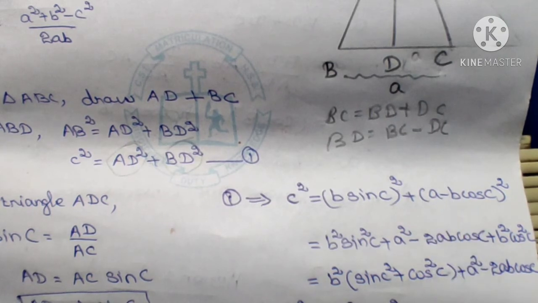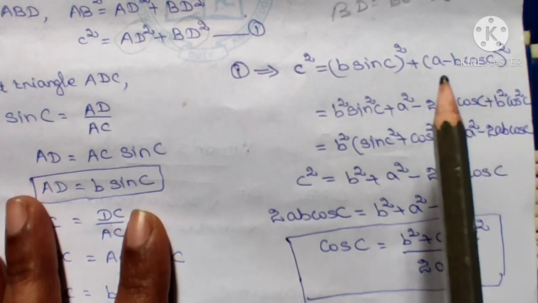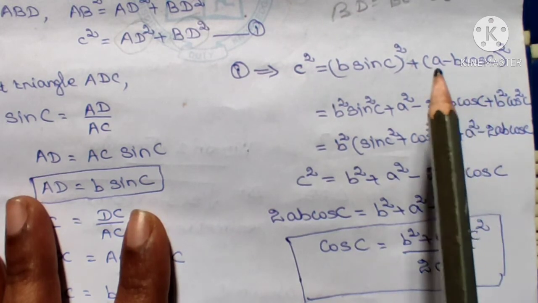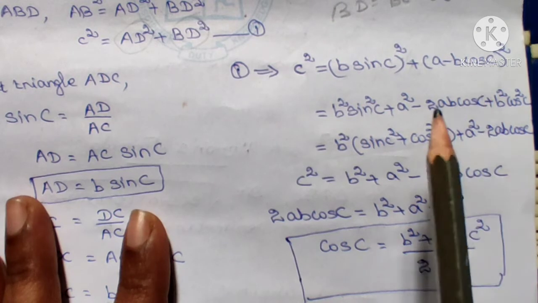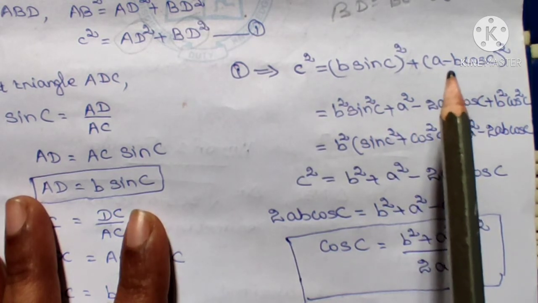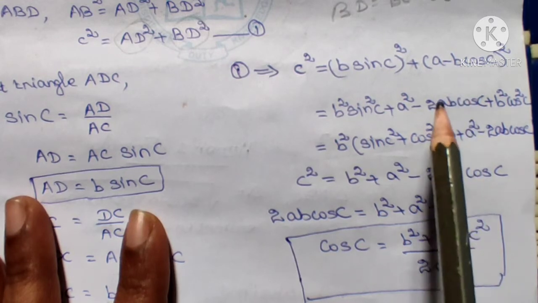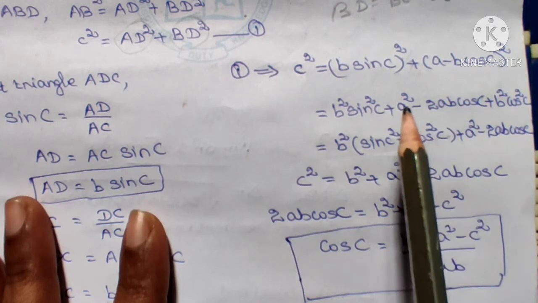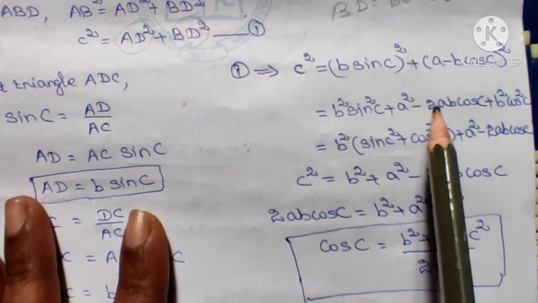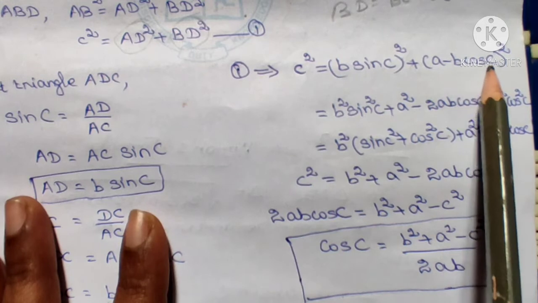What's the formula for (a − b)²? a² + b² − 2ab. So (a − b cos C)² is a² − 2ab cos C + b² cos² C.